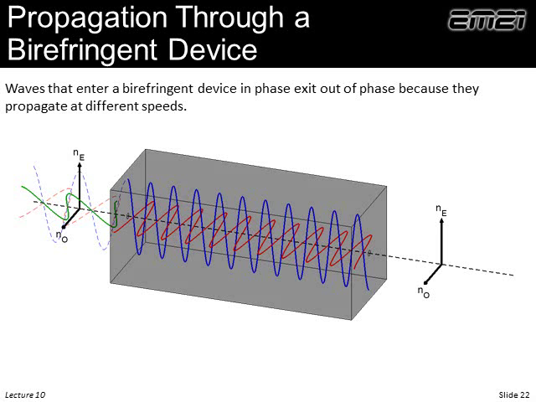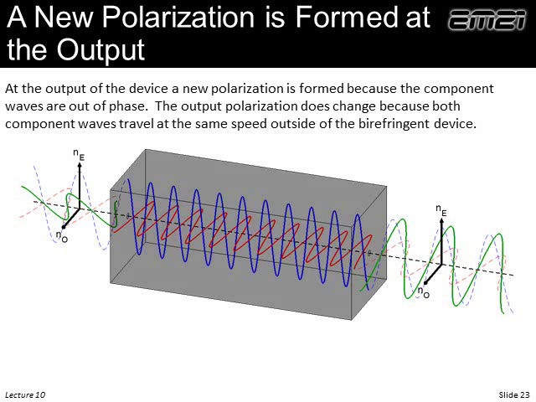So those waves propagate through this crystal or subwavelength grating, and one of the waves is traveling at a different speed and in fact can become out of phase with the other one. They go in phase, but since they travel at different speeds, they come out potentially out of phase. So when that happens, our polarization can completely change.